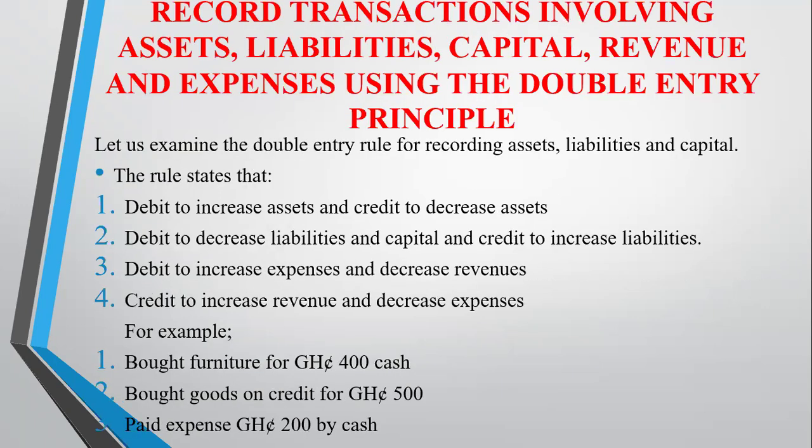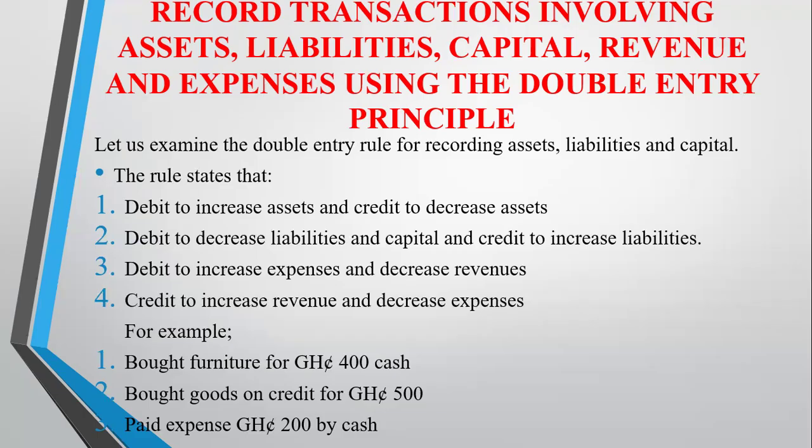Okay, so let's continue. Here we are going to talk about the recording of transactions involving assets, liabilities, capital, revenue, and expenses using the double entry principle. That is, when there is a transaction involving assets or liabilities, how do we record them using the double entry principle?